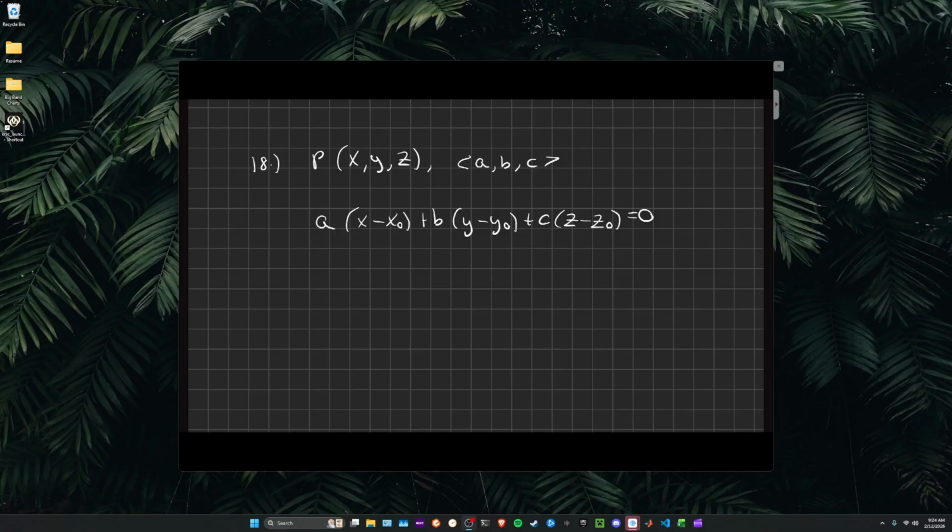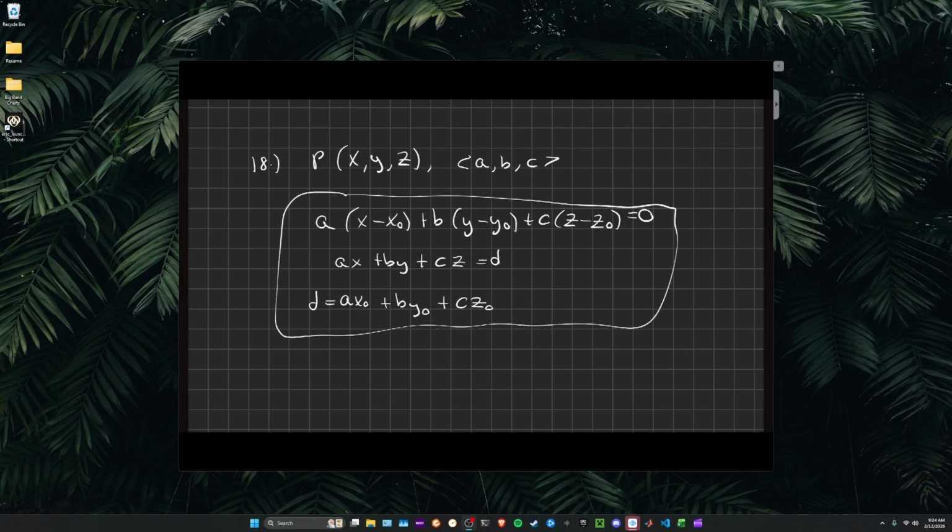Equivalently, we could distribute this and make it a little simpler: ax plus by plus cz equals some value d, where d would be given by these initial points: a x naught plus b y naught plus c z naught. So these are all equivalent.